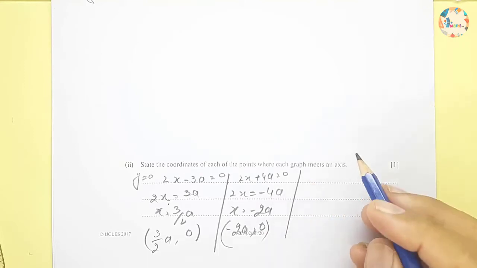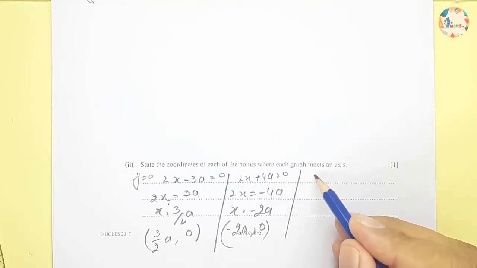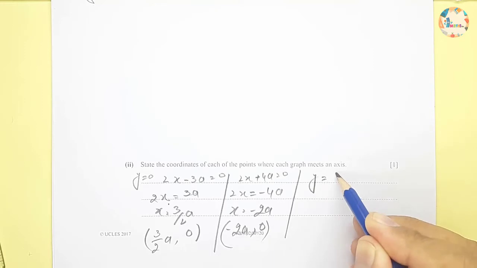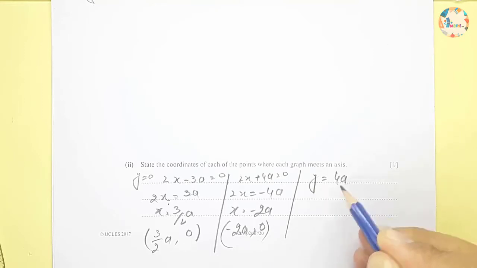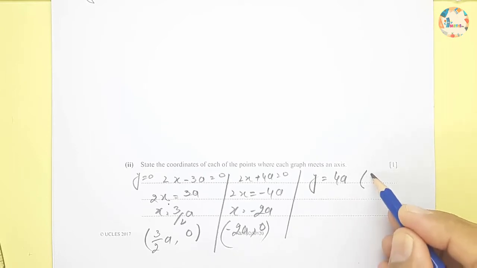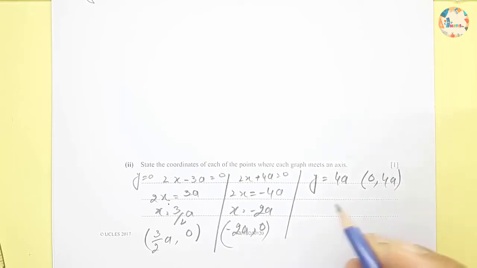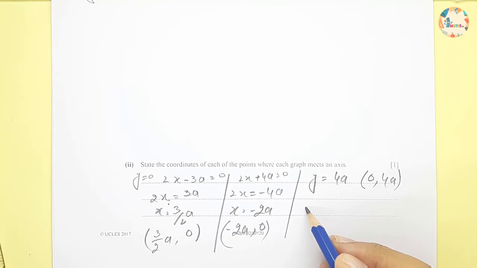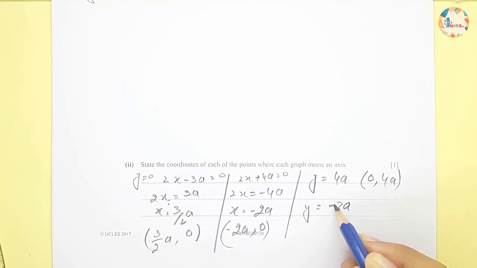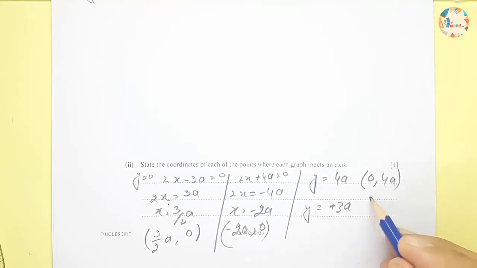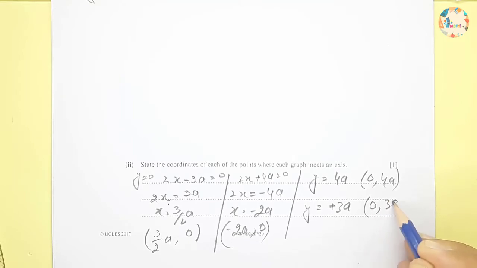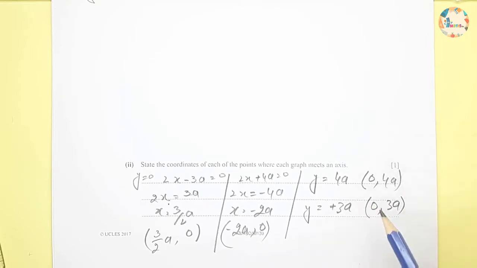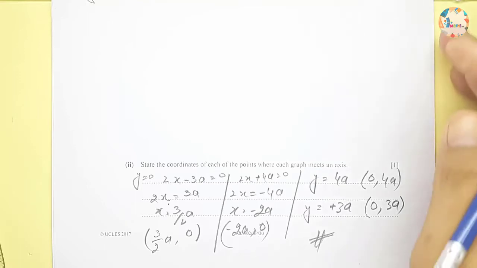And when we replace x with 0, we will get y is equal to 4a in the second equation, and the point will become 0 and 4a. In the first equation, if we replace x with 0, we will get y is equal to minus 3a. Basically minus 3a will change to plus 3a because of the mod, so we get 0 and 3a. So we'll get these points. Hopefully you understood this.